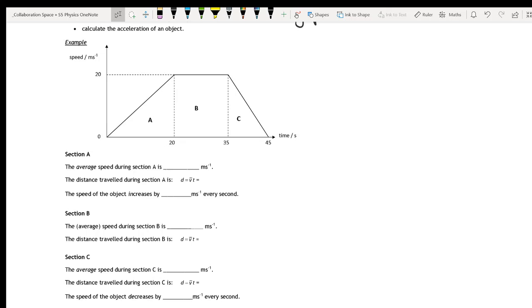So to find the average speed, it's basically 0 plus 20 divided by 2. So 10. The distance travelled during the section is average speed times time. So 10 times 20, so 200 meters.